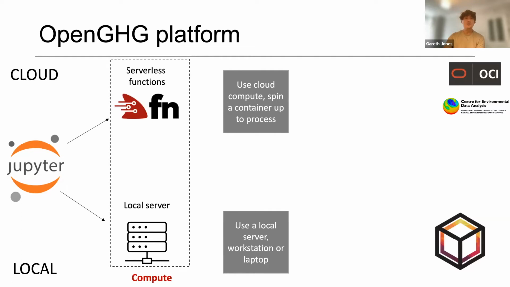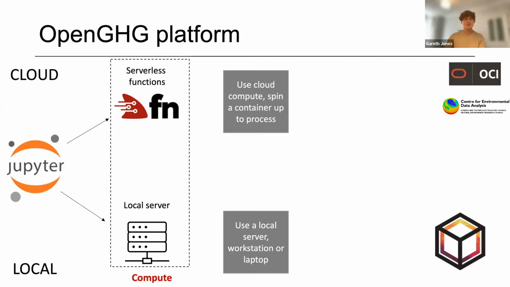So in the cloud, we use serverless functions. These are nice. You can just spin up a container. Basically, it's like a Docker container in the cloud that you post some data to, and you ask it for some data. Similarly, you can do this on a local server or your laptop. So we just segment it out. You have something that needs to do some computation, whether that's in the cloud, a serverless function, or your local computer.